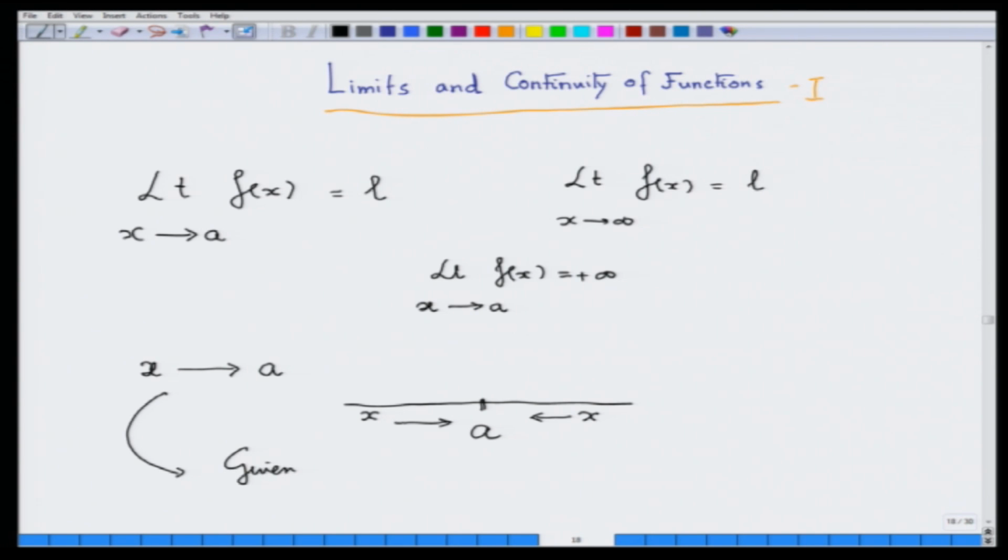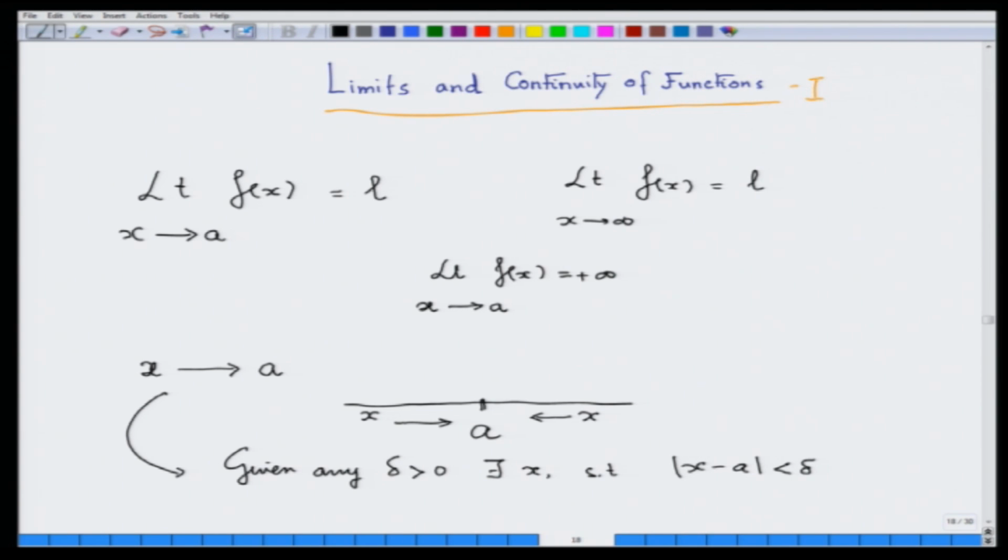given any delta greater than 0, there exists x such that mod of x minus a is strictly less than delta. So, however small delta may be, I will always find an x such that its distance from a is less than delta.